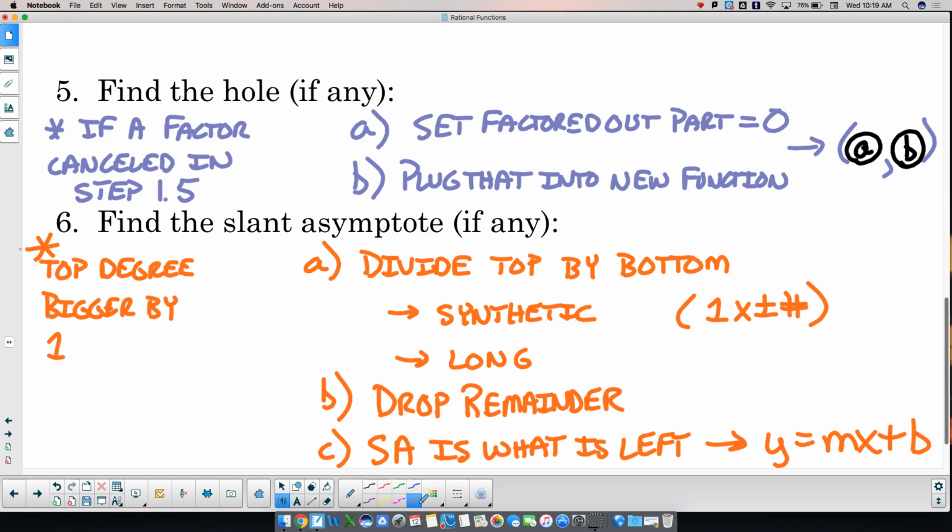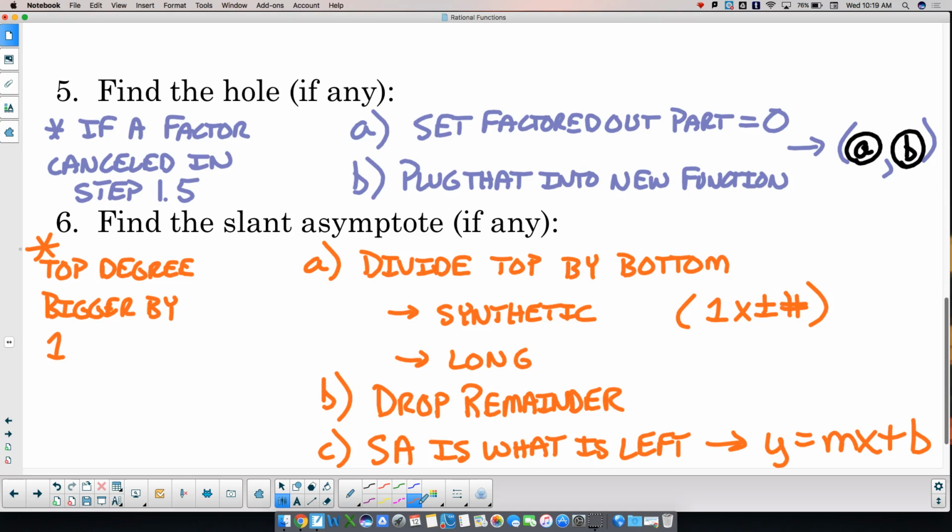Okay. Then what? When I put that on, how does that go on my graph? Or how do all asymptotes go on my graph? Dashed lines. Dashed lines. Somebody, I don't remember who, somebody on their homework put solid lines for their asymptotes. Okay? Dashed lines on that.